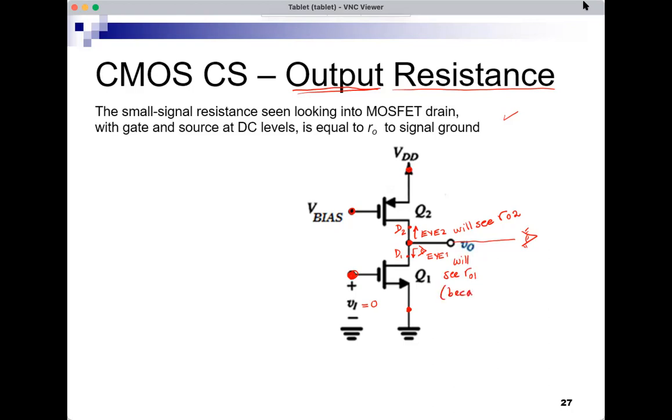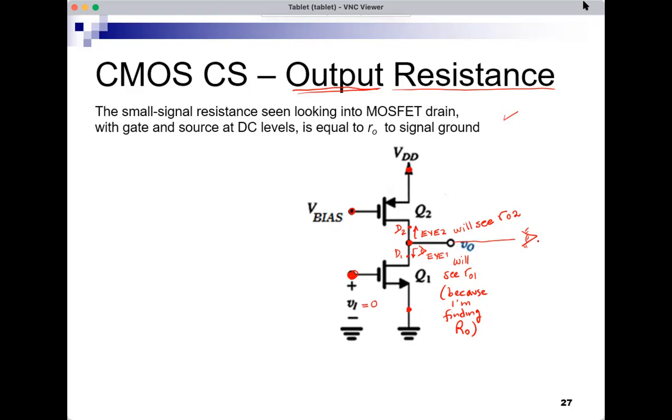Because I'm finding RO, and when I want to find RO, the output resistance, I set the input to 0. All right, so I1 is looking down and it sees small r01 to ground. I2 is looking up and sees small r02 also to ground.